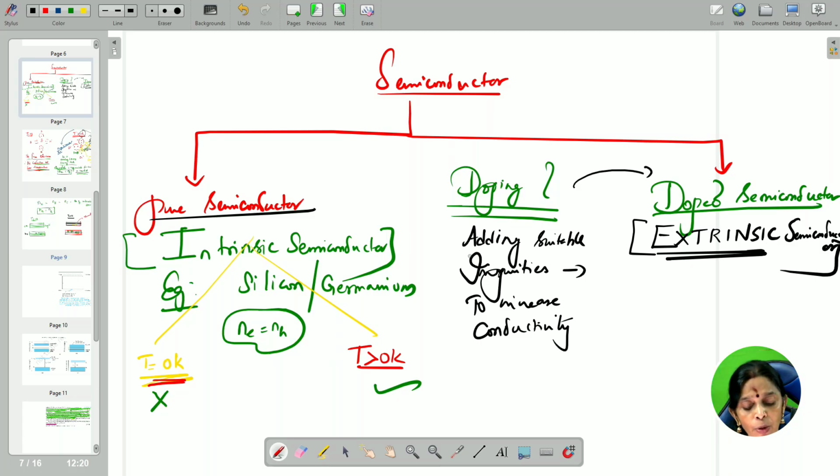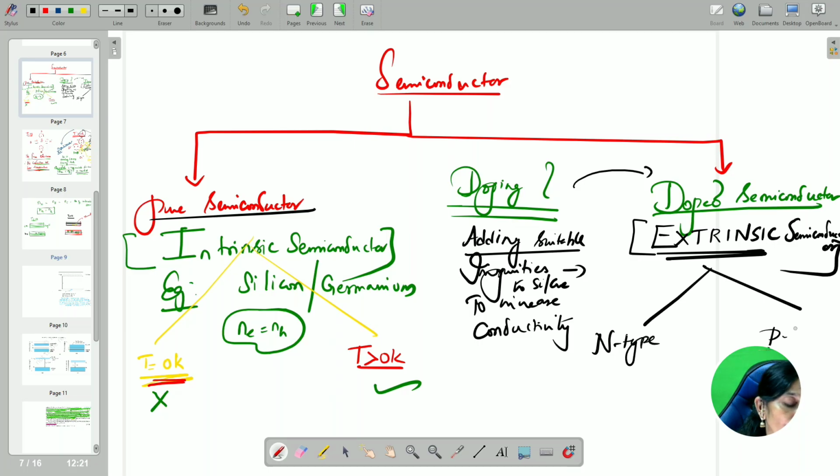Adding suitable impurities to pure silicon or germanium atoms in order to increase conductivity. The doped semiconductor is called extrinsic, which is divided into 2 types. One is called positive type, that is p type. Another is called negative type, that is n type. All this we are going to see now.